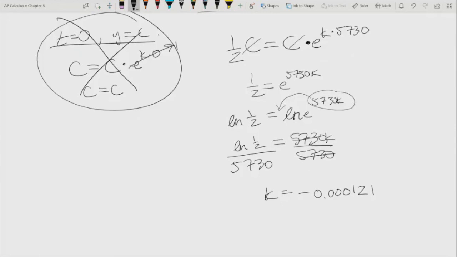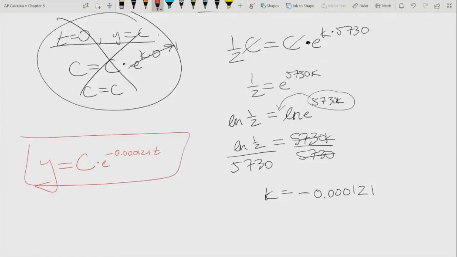So what is our model? Well, let's just fill in the blanks, right? Our final model here is y equals c, still dealing with the c here, times e to the k, which is now 0.000121 t. There's our model.